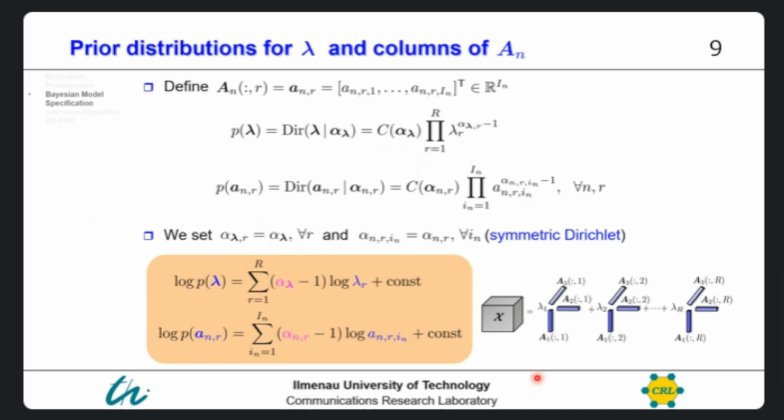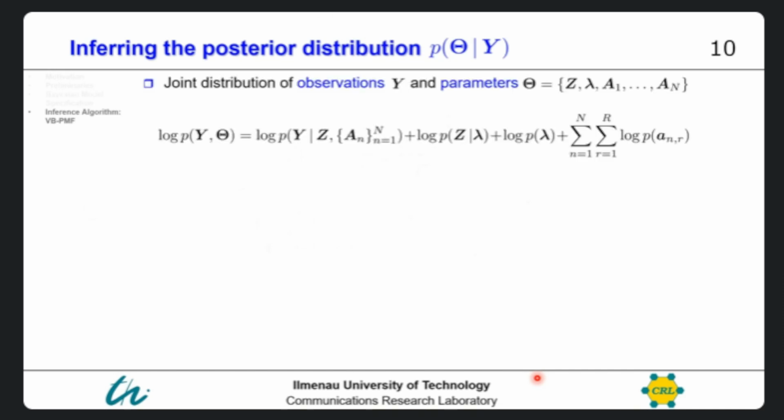So once we have the joint likelihood and the prior distributions, that's all we need. Now we see how to infer the posterior distribution of the parameters given the observations, because this is what we want to learn. All we have is the data, and we want to learn what the parameters are.